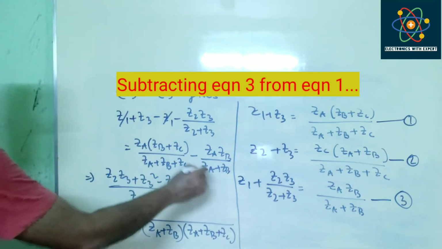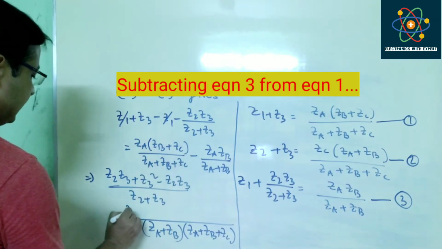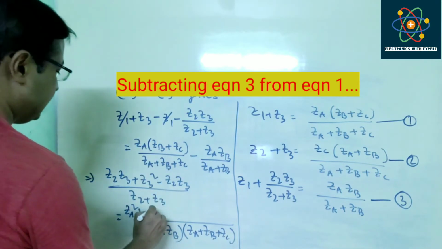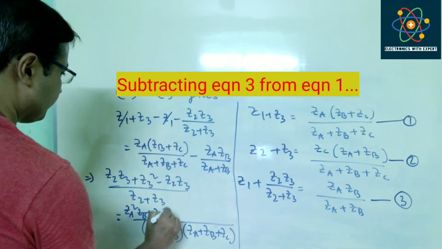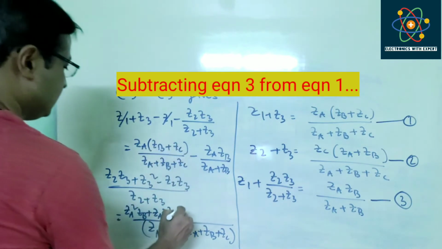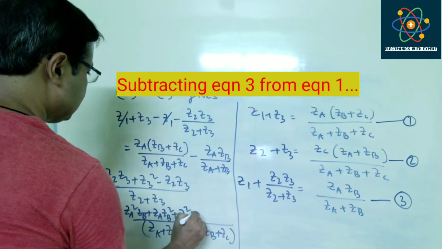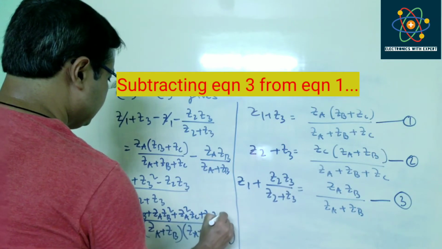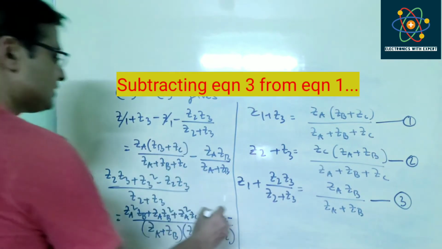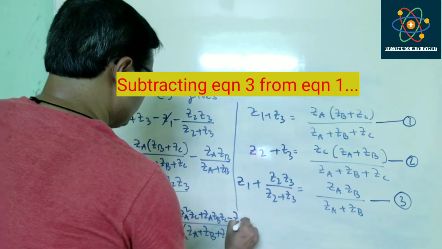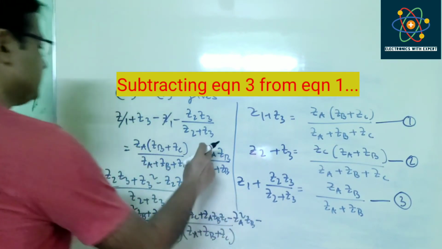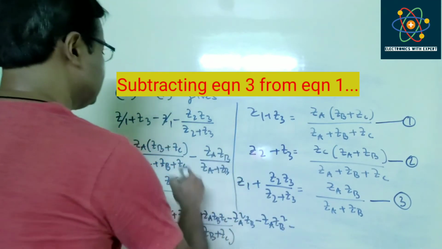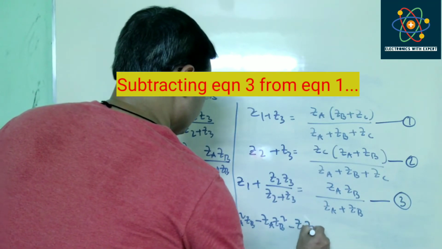and in the numerator, ZA ZB, that is ZA square ZB, just simple mathematical calculations, ZA ZB square plus ZA square ZC plus ZA ZB ZC, minus ZA square ZB, minus ZA ZB square, minus ZA ZB ZC.